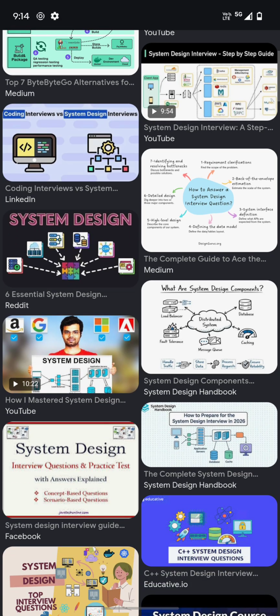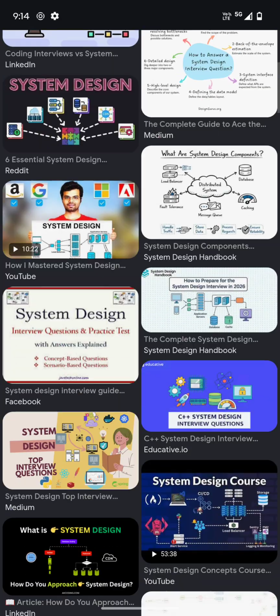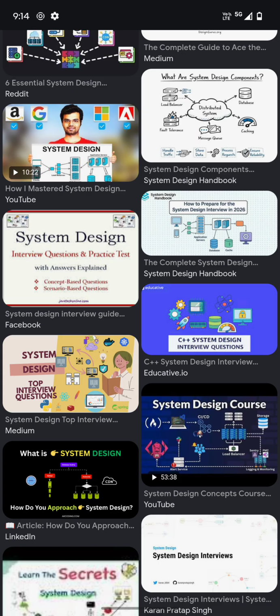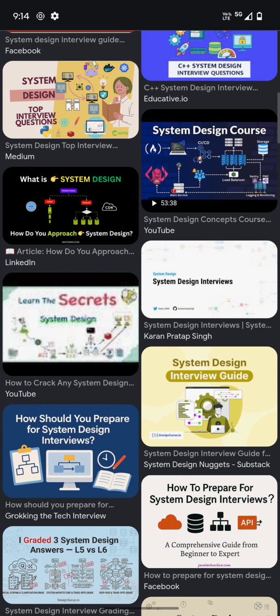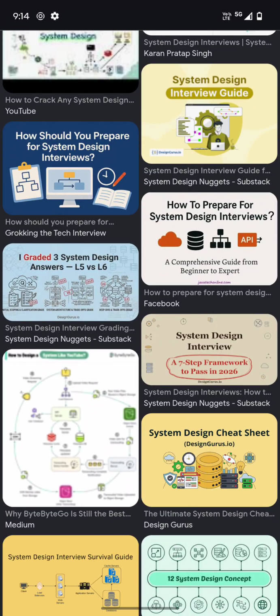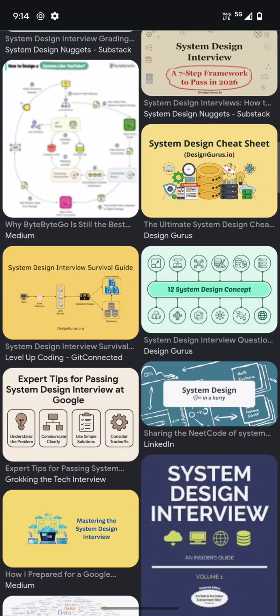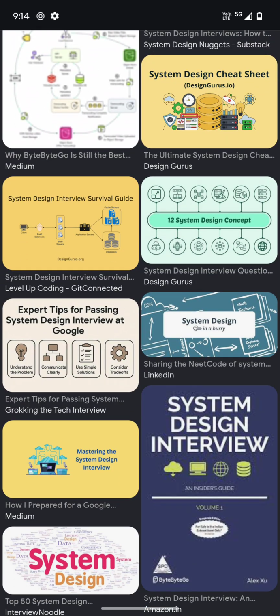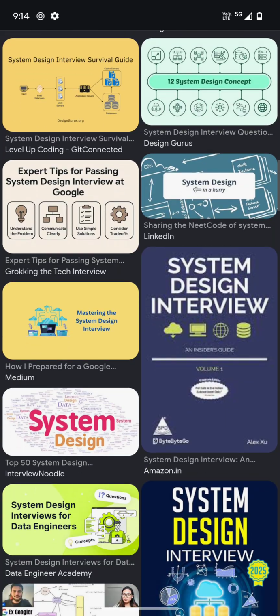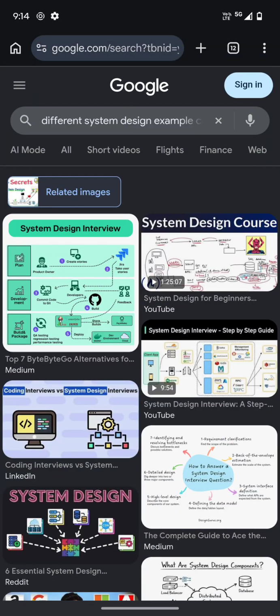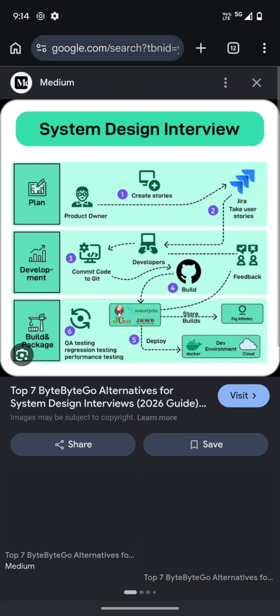Okay, let's see some of the system design architecture.